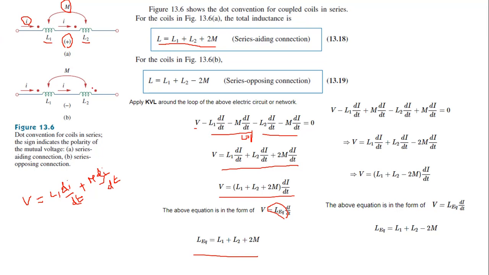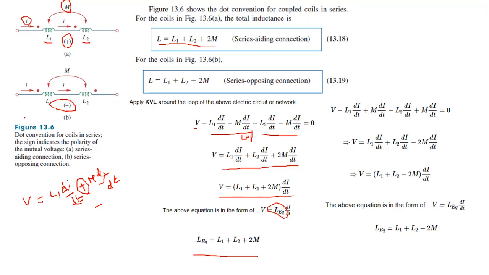In this coil, the dots are placed at the opposite ends. If dots are placed at the opposite ends, we know that the mutual voltage will be negative, right? So here instead of this plus we will have minus. Again apply KVL.